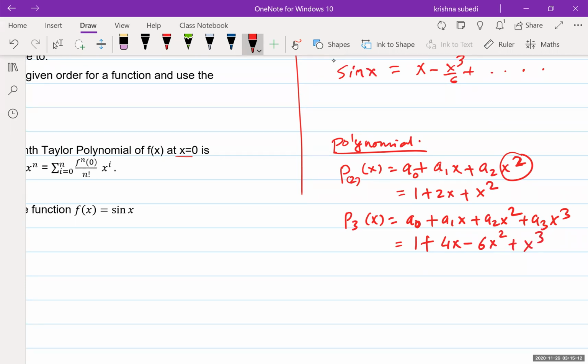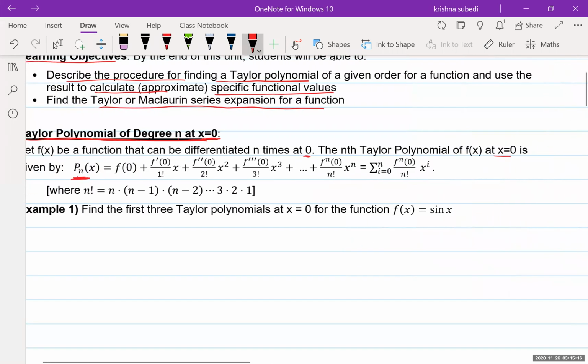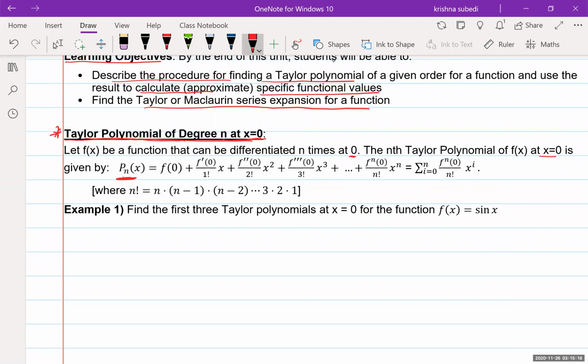So this is one example of a polynomial of degree 3. I trust that everybody knows that. Now, the Taylor polynomial of degree n is given by this formula: f of 0 plus f prime of 0 over factorial 1 times x plus f second derivative of 0 over factorial 2 times x squared, plus it goes all the way up to x to the n.